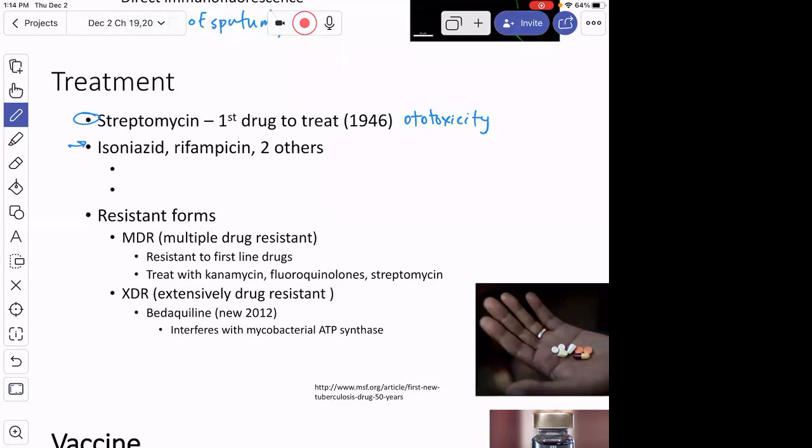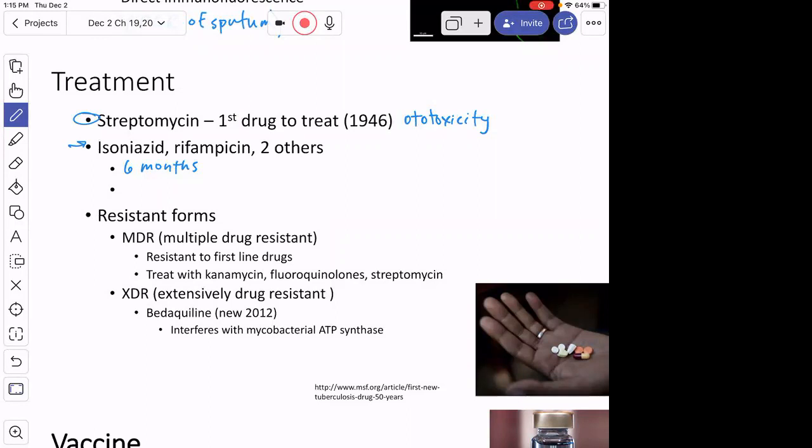So 4 drugs typically given together, all with a slightly different mechanism, and that's hopefully to slow down resistance of this organism. Typically, the patient has to take this cocktail of drugs for at least 6 months. So it's a long treatment. Remember, we said they're slow growing organisms. They're slow to die as well.